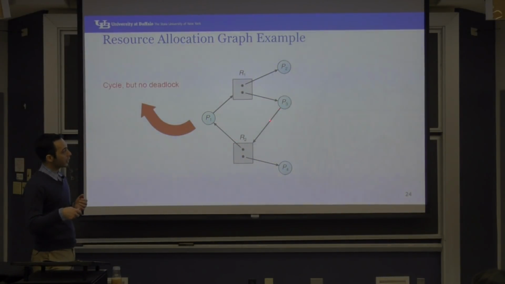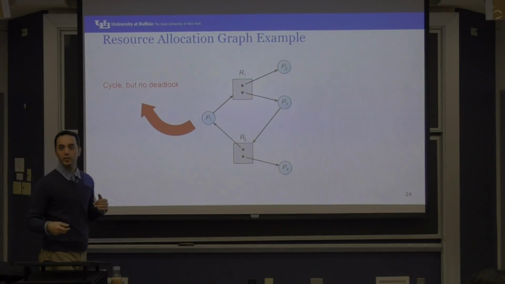So P1 and P3 are in the set, and R1 and R2 are also involved, not any other resources, it's not even drawn. But R1 and R2 are not necessarily waiting just for P1 or P3. R2 is waiting for either P1 to release it, or another instance of R2 can be released by P4. Same goes with P1.